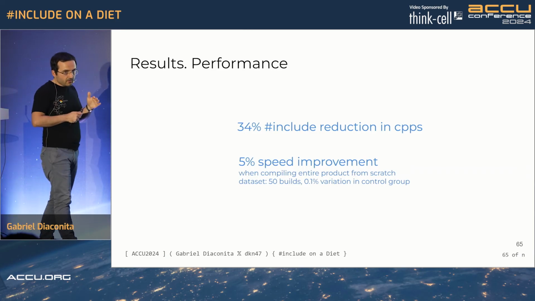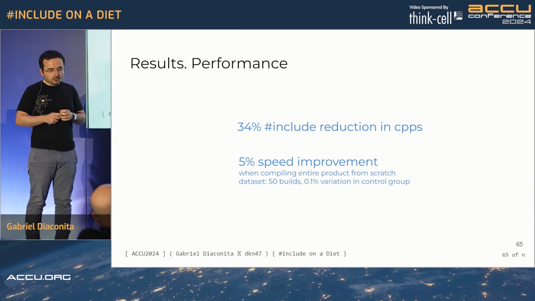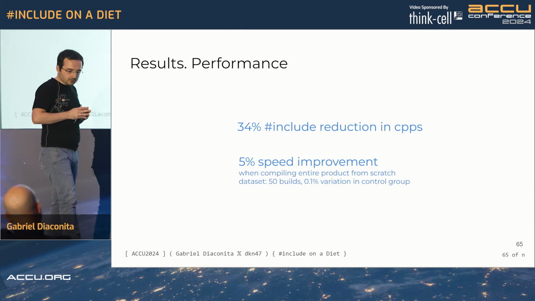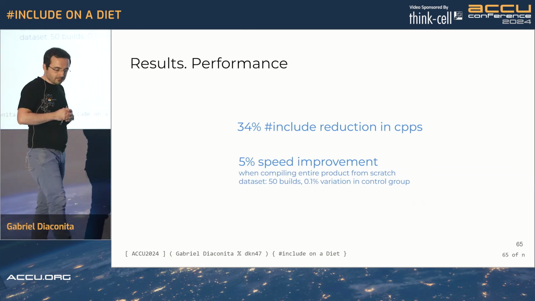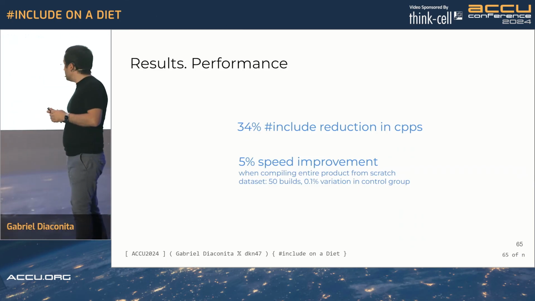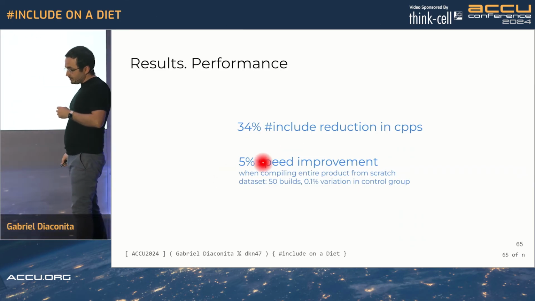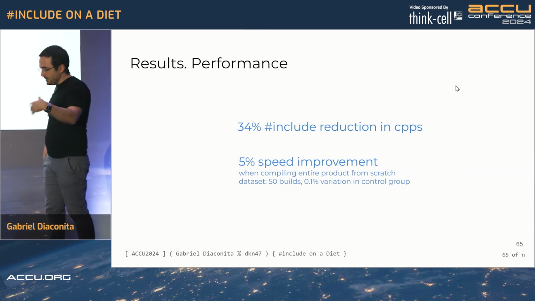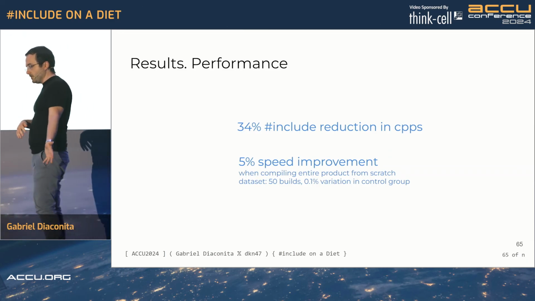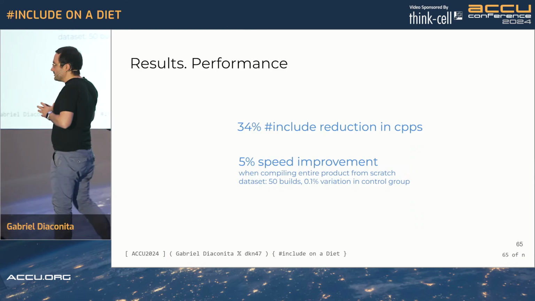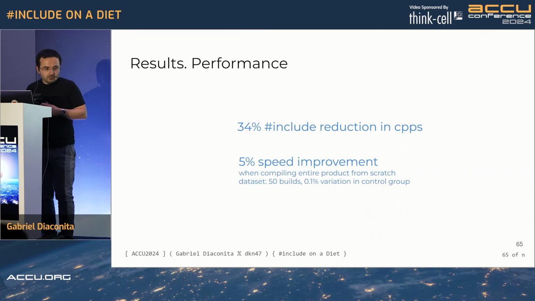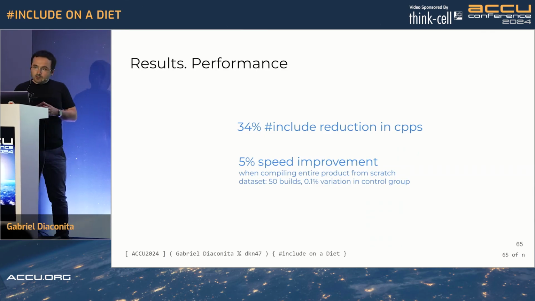We see a consistent 5% improvement when compiling the code base, and we took care to balance this correctly so that it's not a statistical error. Our statistical error was 0.1% in our control group when doing 50 rounds of testing, testing the code before removing the includes and after. So this 5% improvement is now part of our lives. Every build that we do is a little bit faster.